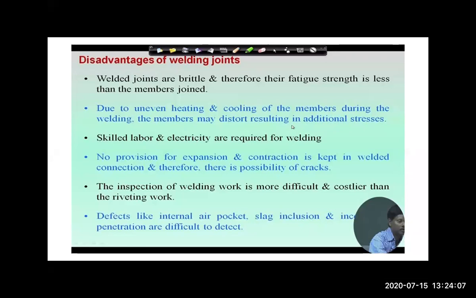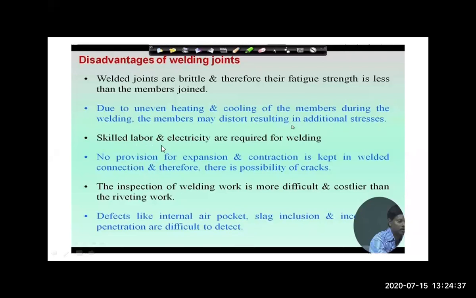The metal rod we are using for welding these two members, at that time the heating process is going on and the cooling process of the member is also going on. So this distorts the member, resulting in additional stresses. The stresses come on the member due to heating and cooling. So that is the disadvantage of the welded connection.